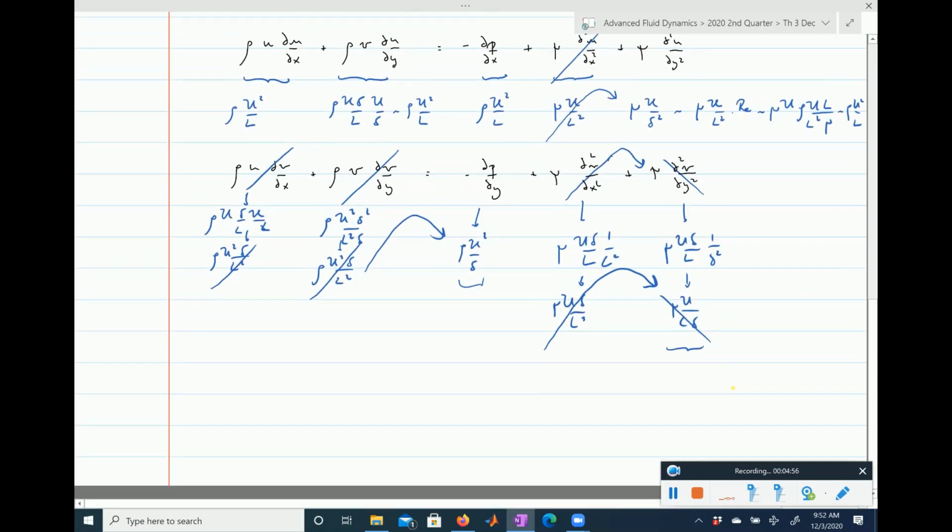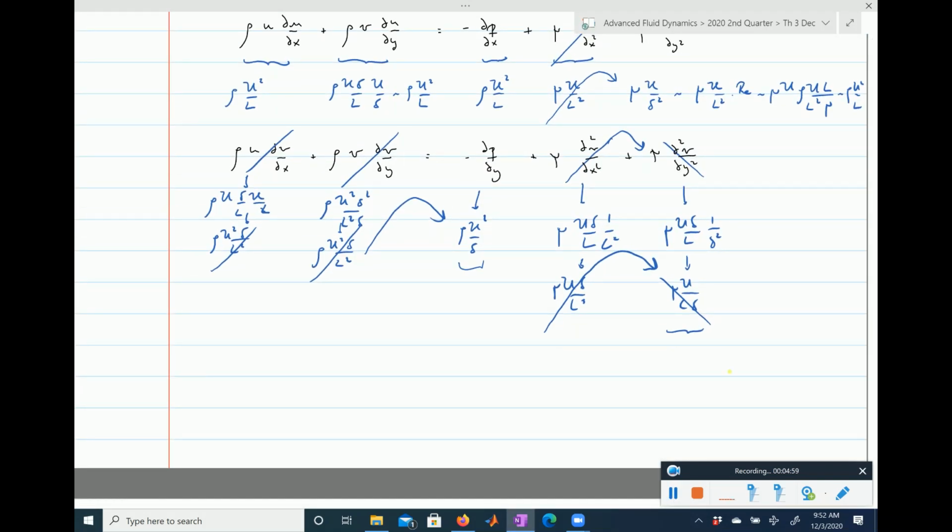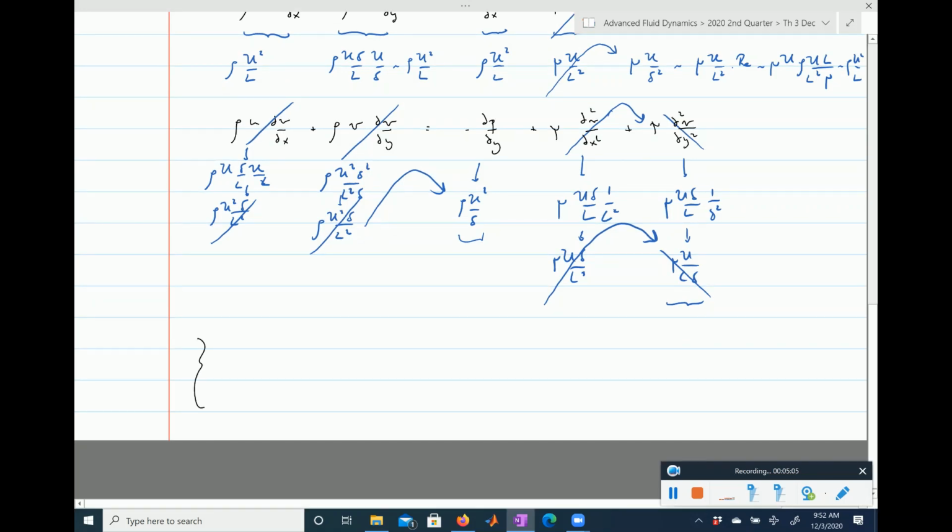So in the end, we can simplify our momentum equations, the momentum equation in the x direction and the momentum equation in the y direction. So we can write them. The boundary layer equation for the momentum equation in the x direction, in the boundary layer approximation, is the following. So rho times our inertial term.